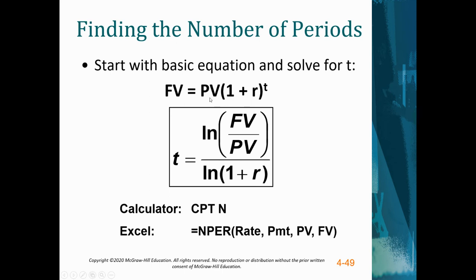Now, first we have the formula, and basically we're solving for T. So I divide both sides by present value.